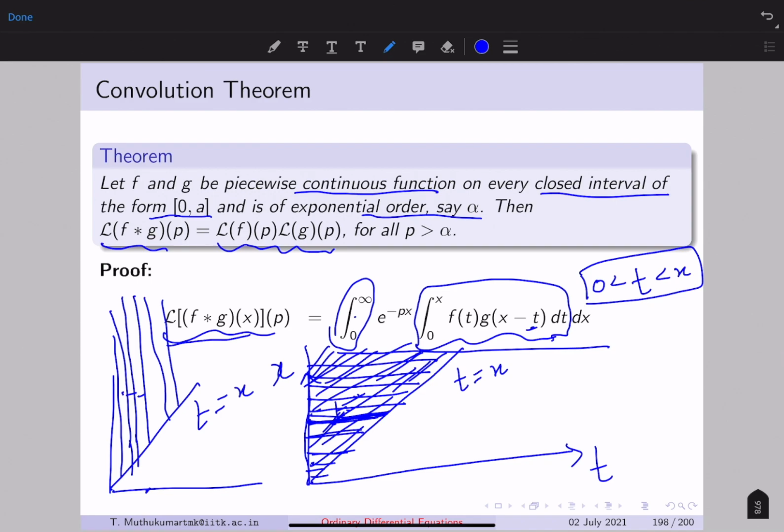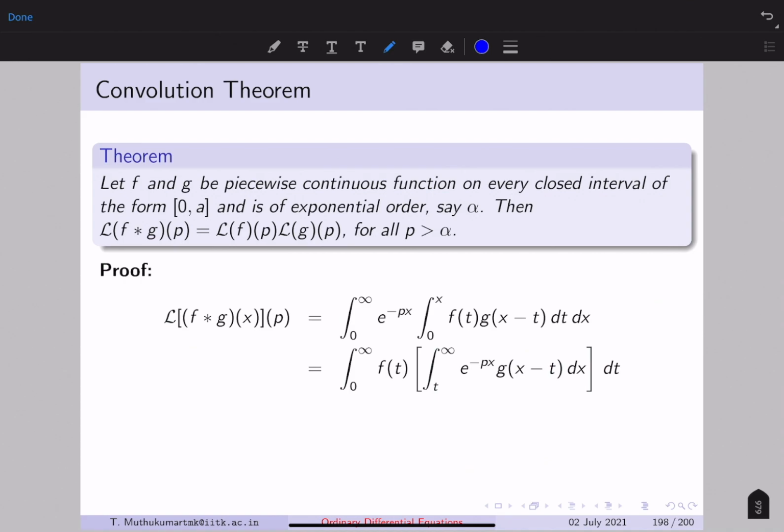So what is given here is in this order. This integral is same as this double integral in this order, that is first over the vertical lines and then sum over all vertical lines, right, like this. So what is that integral? That is precisely this integral, where now your t is running from 0 to infinity. This is your t axis, as I said, this is your x axis. So your t is fixed, and this is your t equal to x line.